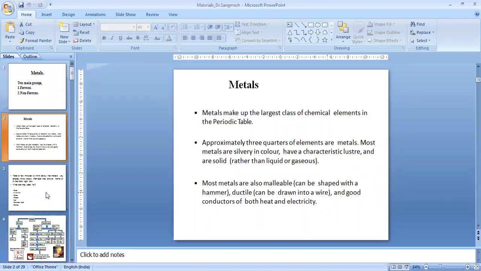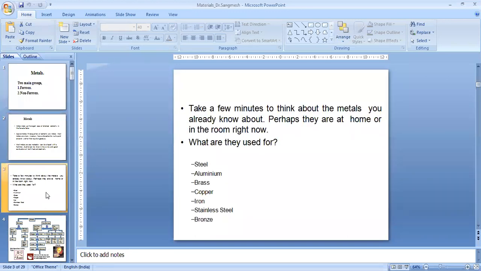But if you take a few minutes to think about metals, presently we may be using steel, aluminum, brass, copper, iron, stainless steel, bronze. So different types of materials which we use. For instance, if you suddenly sit on wood, we don't feel much difference.